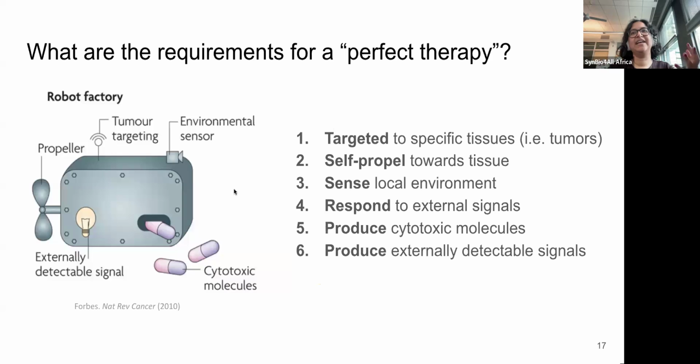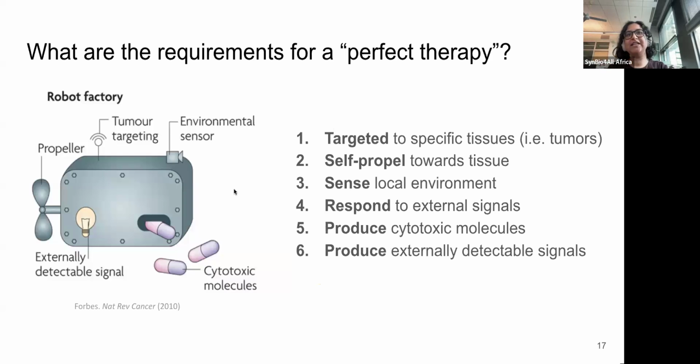And we also would like the cell to produce externally detectable signals so that we can understand the current state of the tumor, the success of localizing the bacteria to this region, and also the efficacy of the treatment. Like, how well is our therapy doing at these cells?